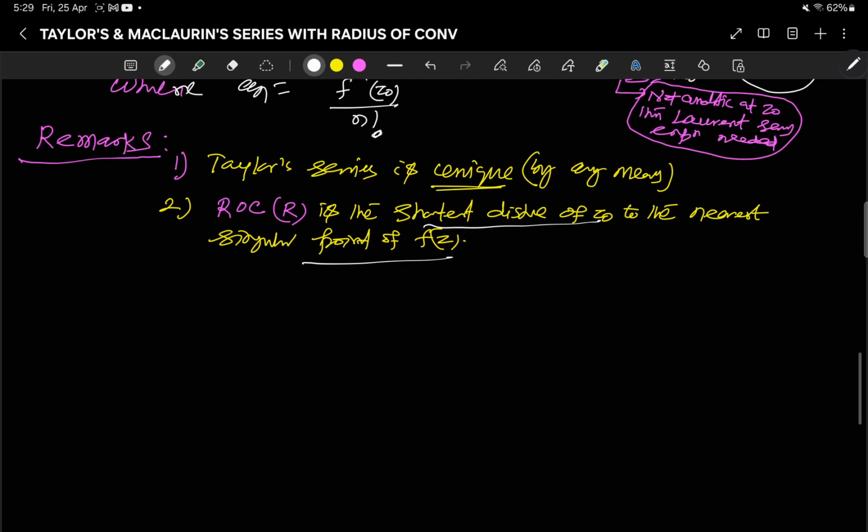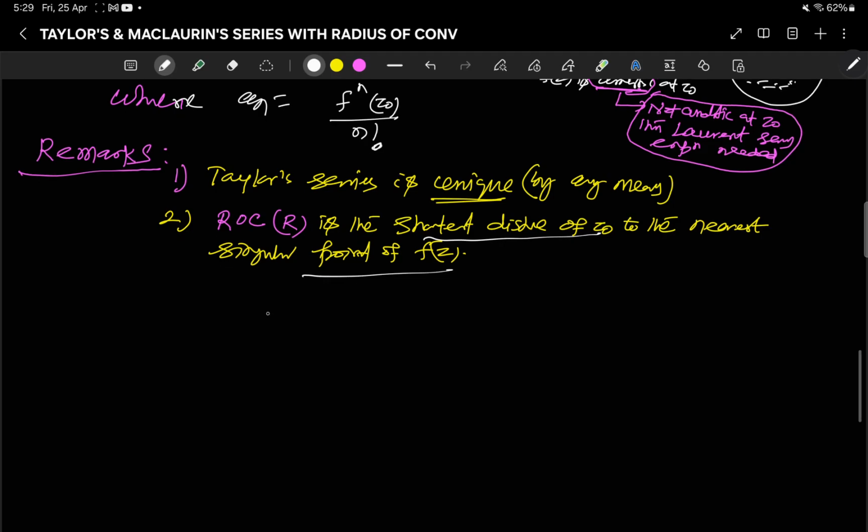If I ask you what is the radius of convergence of, for example, suppose f(z) = tan z. If you recall the expansion, it is z + z^3/3 + 2z^5/15 in that way. So if you apply this series expansion, you will get it. Now what is the radius of convergence here?